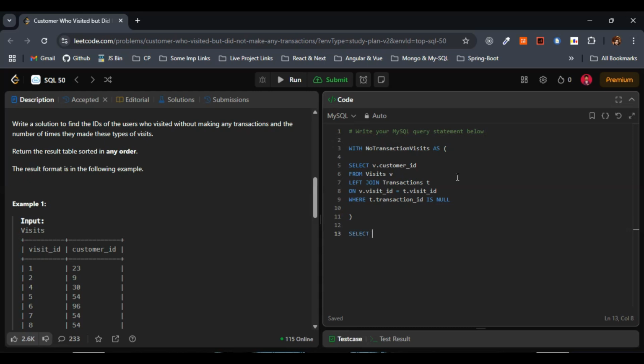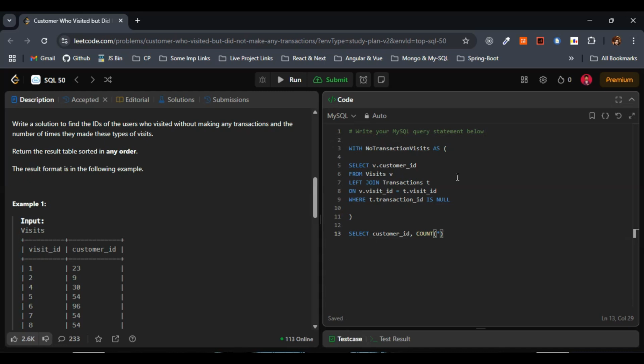So this one, we will go with select customer_id, comma, let's make use of the count. We have count in SQL.